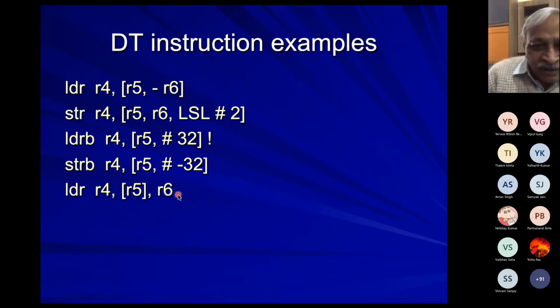After the memory access, you add the contents of R6 to R5. So R5 is getting updated after memory access. And that will be useful when you are using R5 next. So either within this instruction or some other instruction, R5 would have been incremented by then.